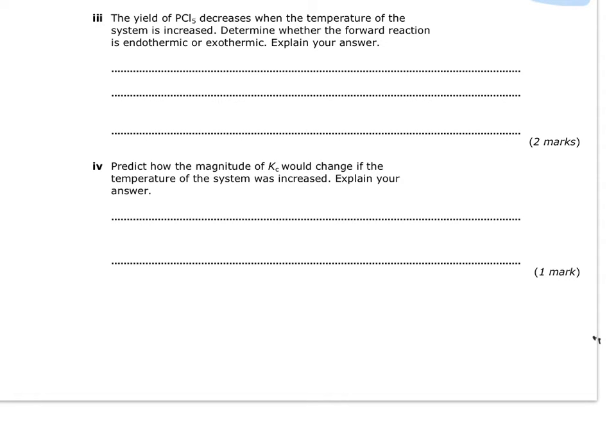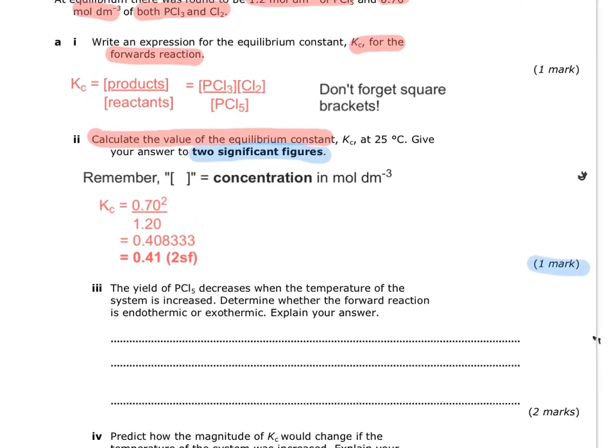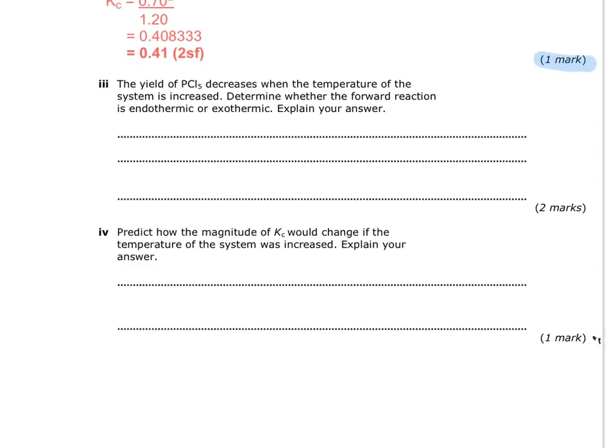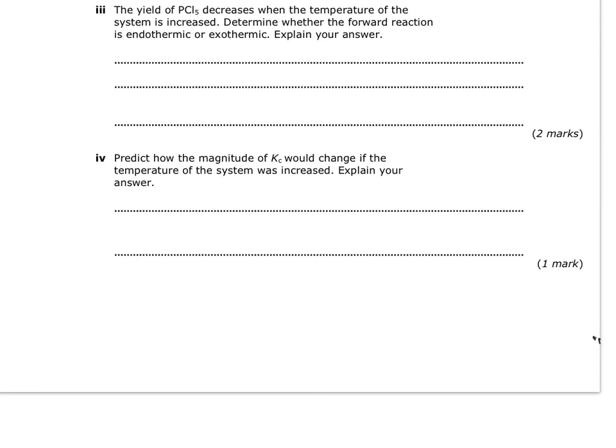If we go back up the page, we'll see that the actual reaction is PCl5 going to PCl3 plus Cl2. So just as a reminder, let's pop that in. So in other words, the amount of PCl5 goes down when the temperature of the system is increased.